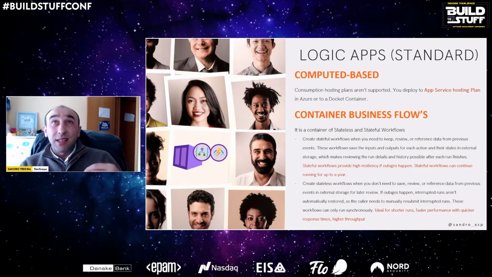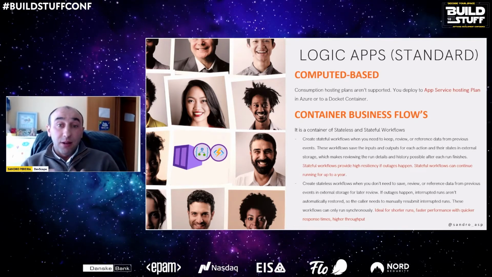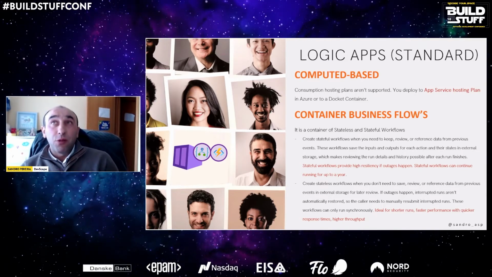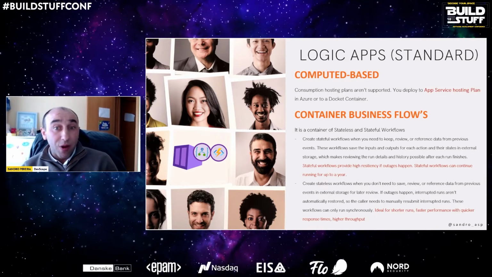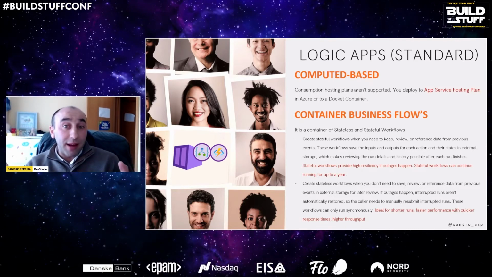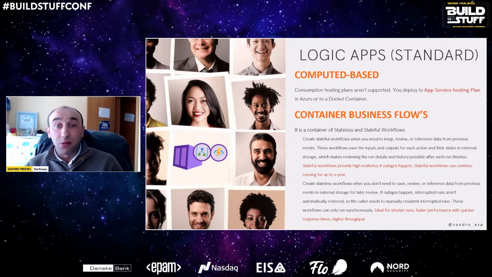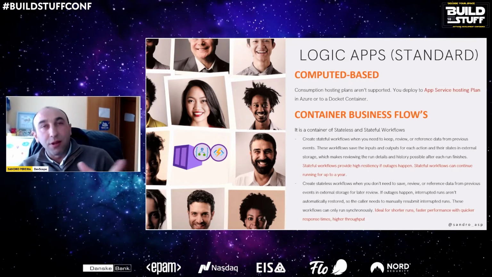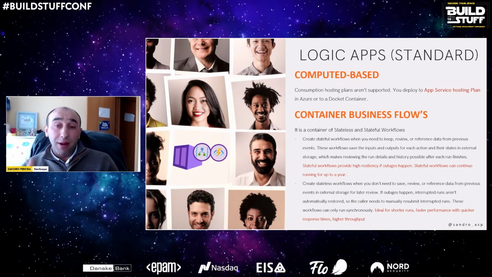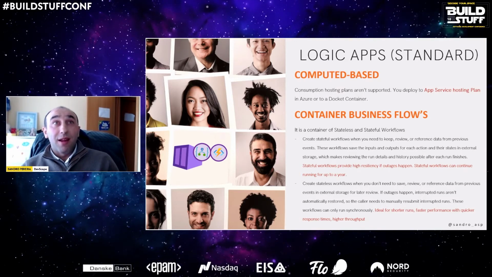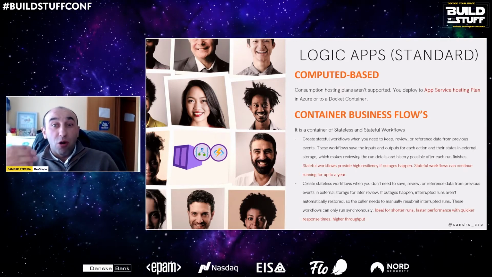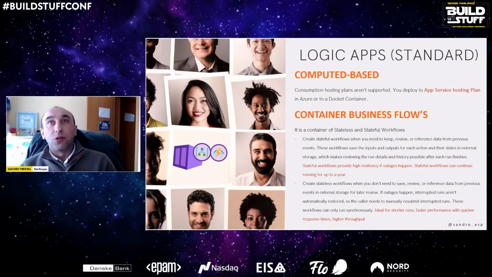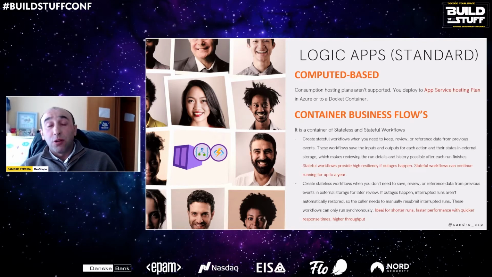Logic App Standard is a compute-based Logic App. You pay by computation. So you need, for example, to have an app service running it, and you have to choose a plan because it's a computer running it. So you pay in advance per month for that computing. And then you probably have more costs for the executions of the shapes that you are also executing.